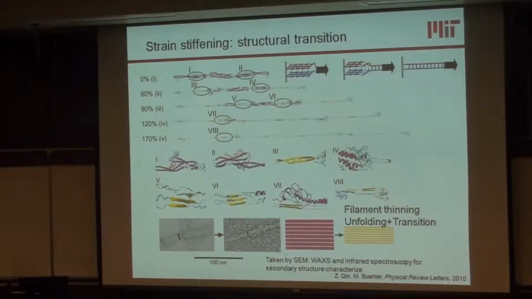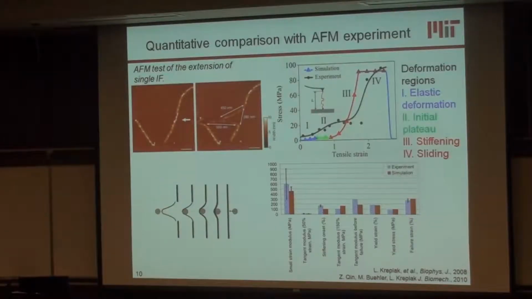Those processes are also found in experiments. After stretching, those filaments become much thinner, and their secondary structure transits from alpha helix to beta sheets. We compare the force extension curve obtained from simulation against the AFM stretching curve, and we find qualitative agreement, and each section corresponds to a different molecular structure change.